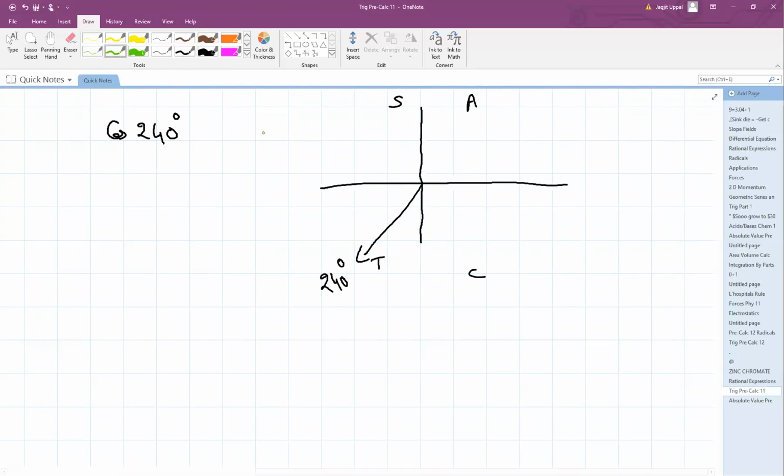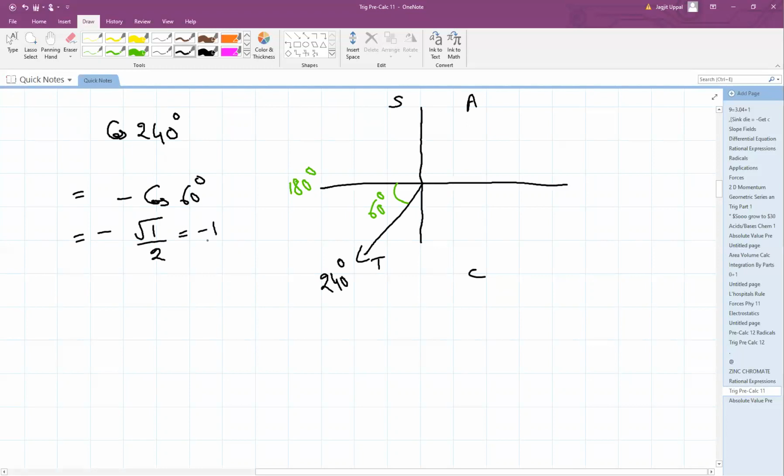And this is 180, so my reference angle is going to be 240 minus 180, which is 60. So we're going to say cos of 240 is just going to be cos of the reference angle, which is cos of 60, except here cos is negative. Square root of 1 over 2.